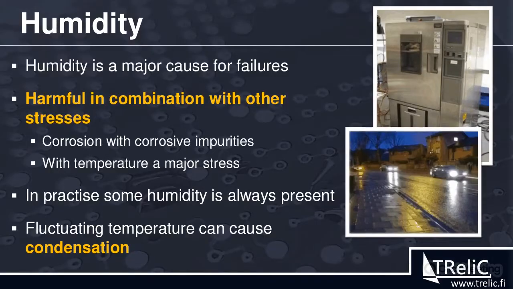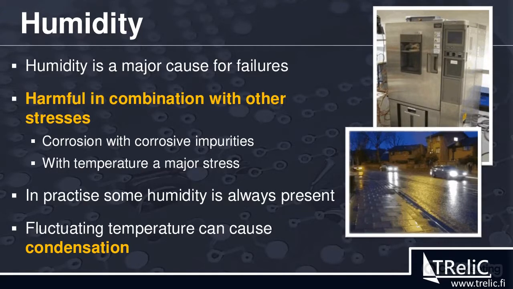So then another matter causing problems is humidity. This is a very, very typical cause for failures. And it's especially harmful when combined with other stresses. So with corrosive impurities, we have, of course, high risk of corrosion. And with temperature, it's a very bad combination for many materials and structures.